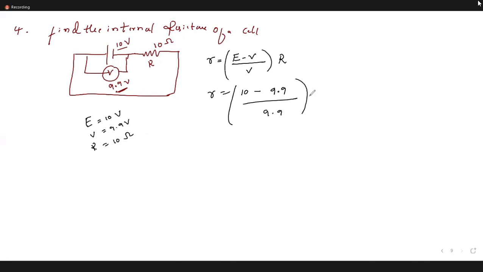So r is 0.1 by 9.9 into 10, which is 0.101.